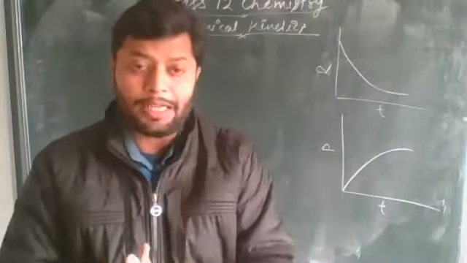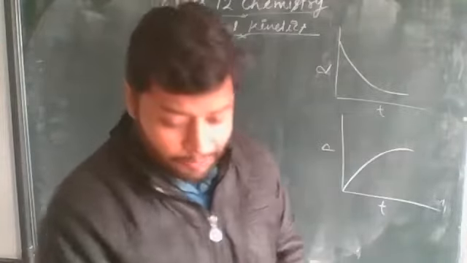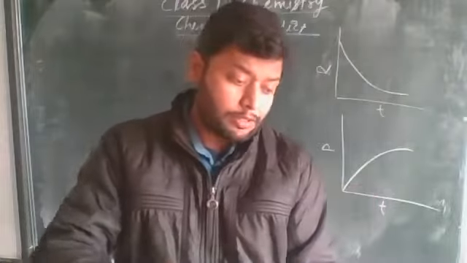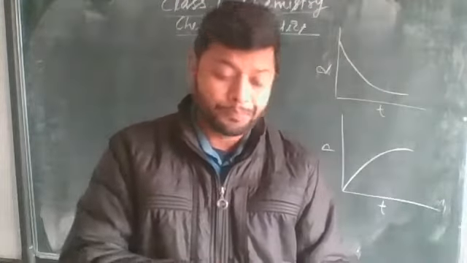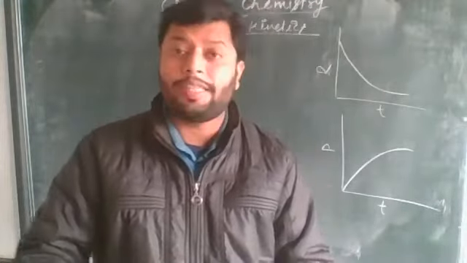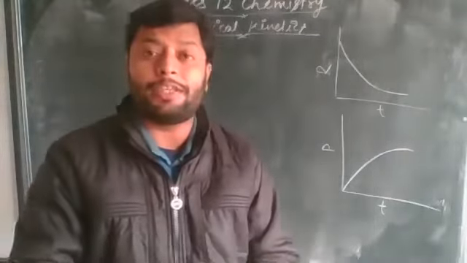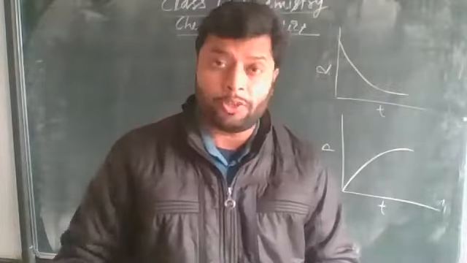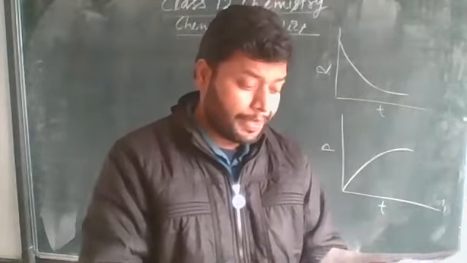But before going to that, I will choose some questions from the NCERT to solve, to show how the rate of reaction formula can be applied. In-text questions 4.1 and 4.2, I am going to solve for you.